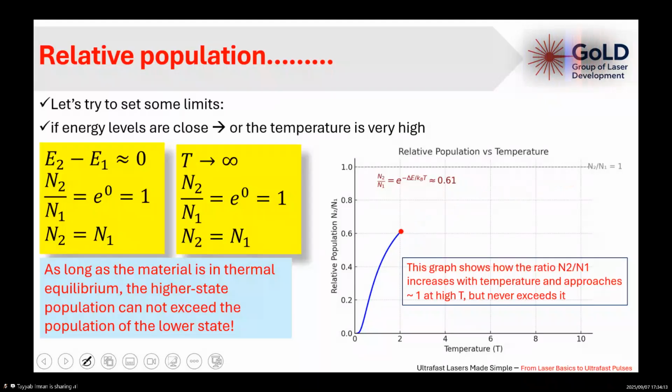So if the energy levels are close to each other or the temperature is very high.